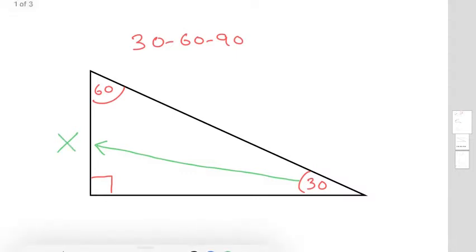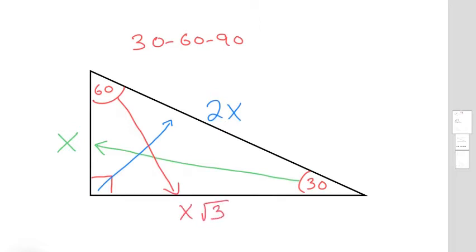Across 90 degrees, or your longest side, it's always going to be 2x. And across your 60, which is kind of in the middle, it's always going to be x square roots of 3. And that's always true as far as labeling the sides for a 30, 60, 90 triangle.